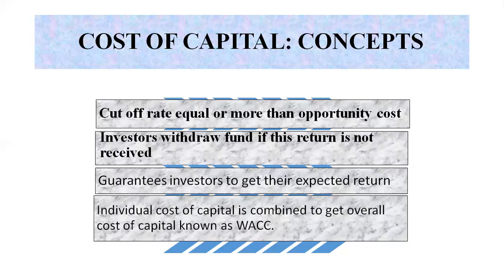So the taxable expense will be deducted and it will reduce the taxable income as well as the tax burden. Therefore, the cost of borrowed capital is the lowest one. Next will come the cost of preferred capital and then the cost of equity share capital. They are combined to get the overall cost of capital.